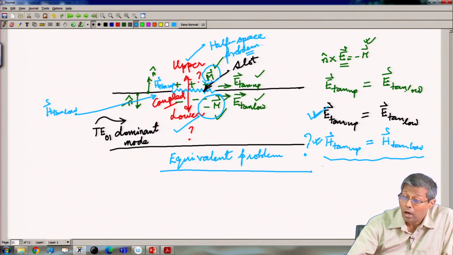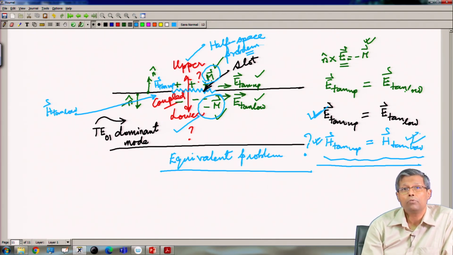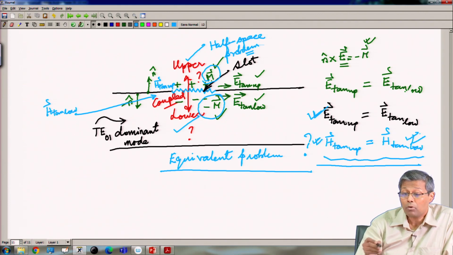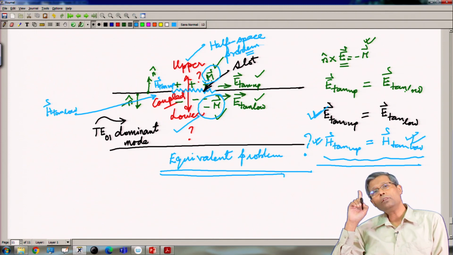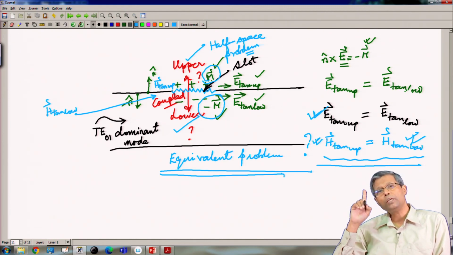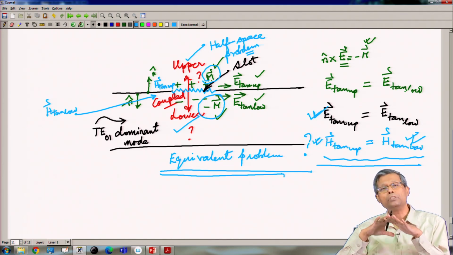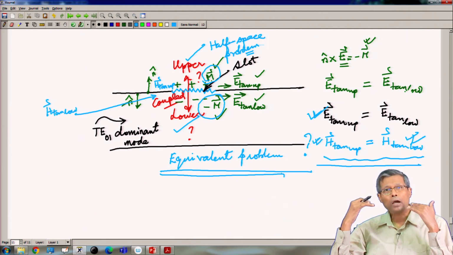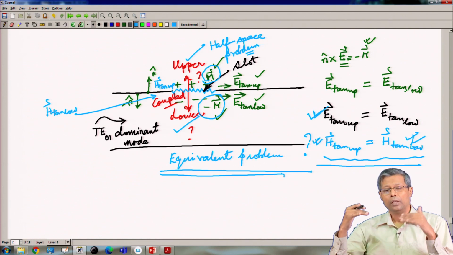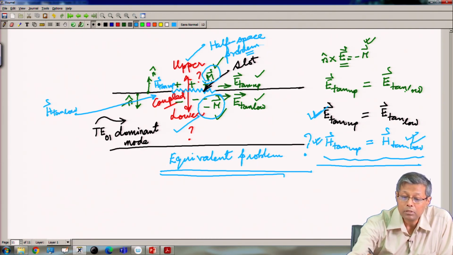But all that said and done, we have to obey this continuity equation as well, because in the construction of the equivalent problem, the most important thing is obeying the original boundary conditions which existed across the slot. When I construct something equivalent, it means that I have changed certain circumstances or inserted some kind of boundary condition, like for example, the perfect electric conductor here.